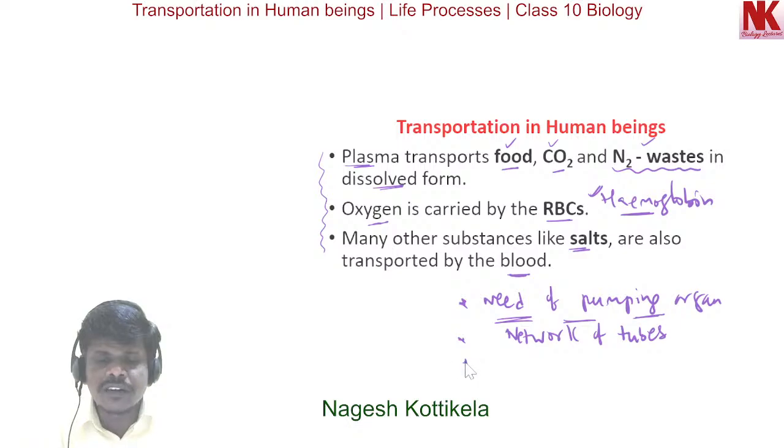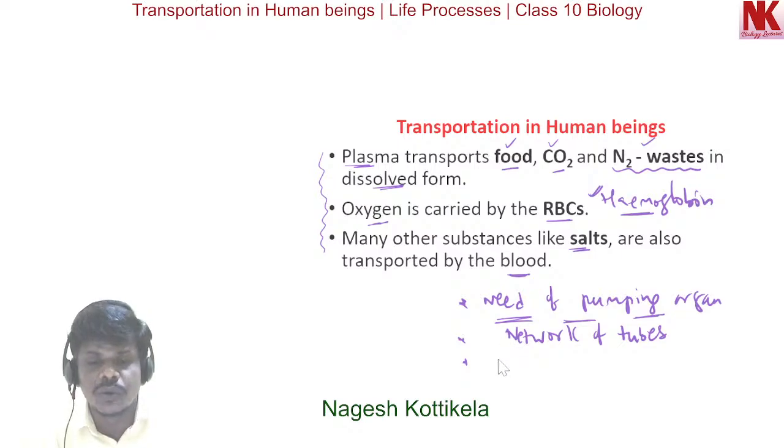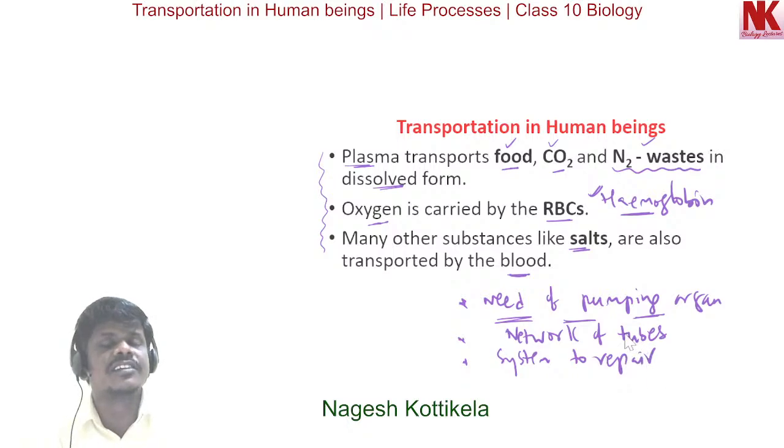One more important concept is that a system is needed to maintain this whole mechanism, a system to ensure that the network can be repaired if damaged, if there occurs any injury.